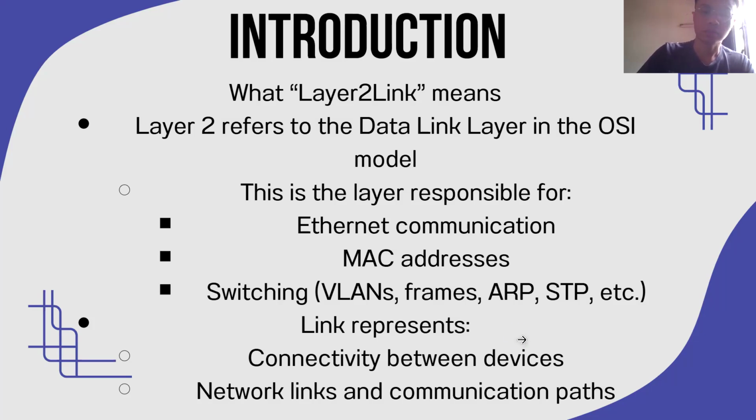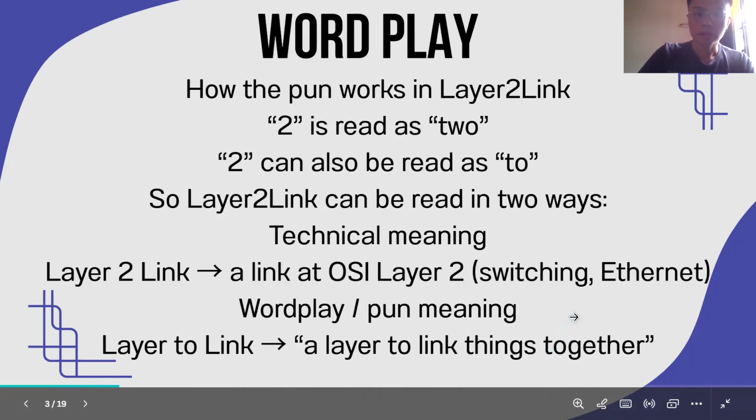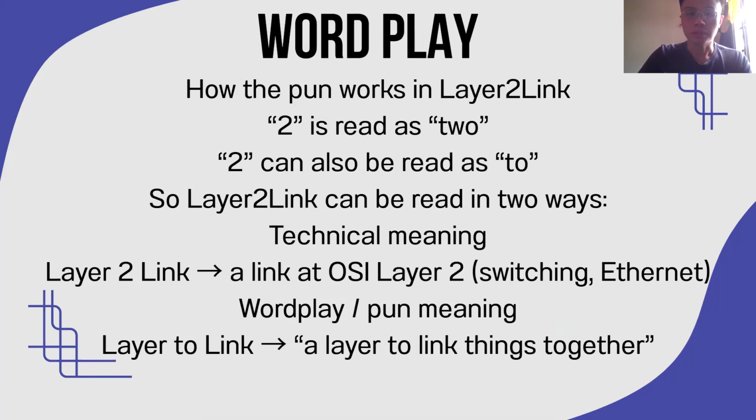And the link represents the connection between devices. At the same time, it's also a wordplay. The "two" can be read as the number two. Simultaneously, it can also be interpreted as the conjunction "to".